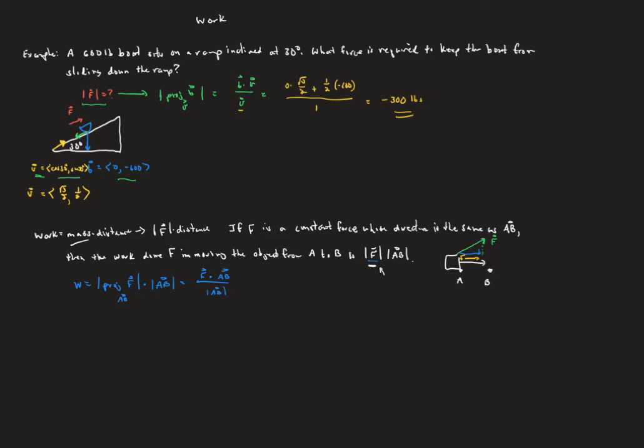And then we multiply that by the magnitude of AB. Well, how convenient that those cancel. And so what we get is something quite memorable and really nice to use.